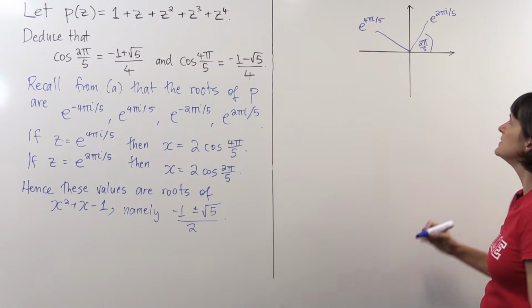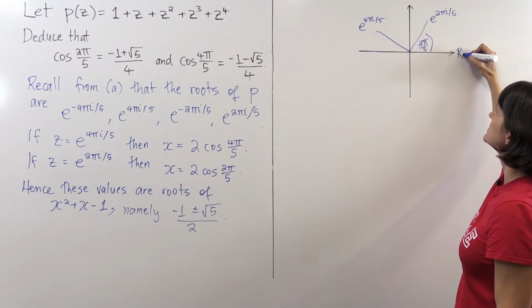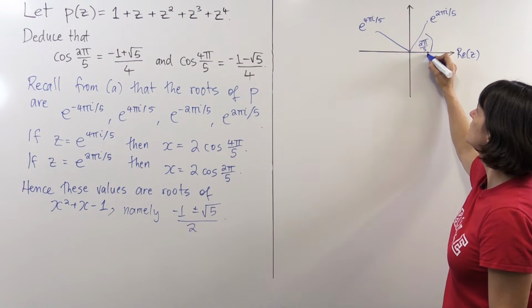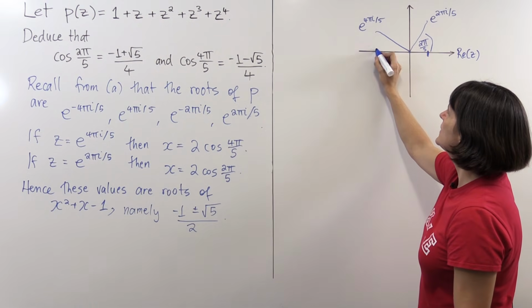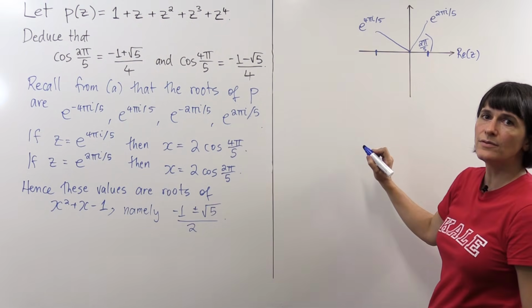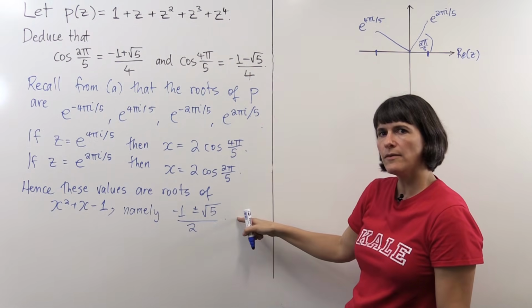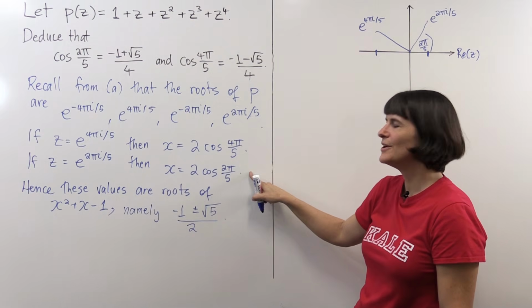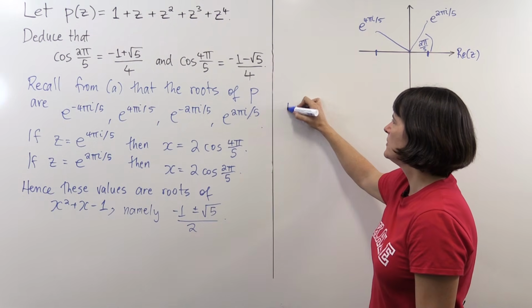Now what you notice is this is the real axis. The real part of e to the 2 pi i on 5 is positive. The real part of e to the minus 4 pi i on 5 is negative. So the positive root that we have here must equal 2 cos 2 pi on 5.